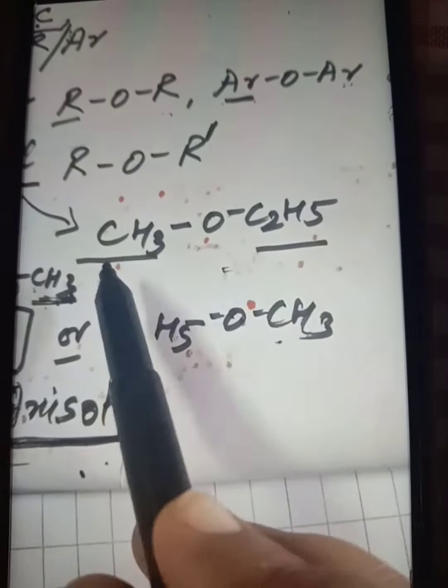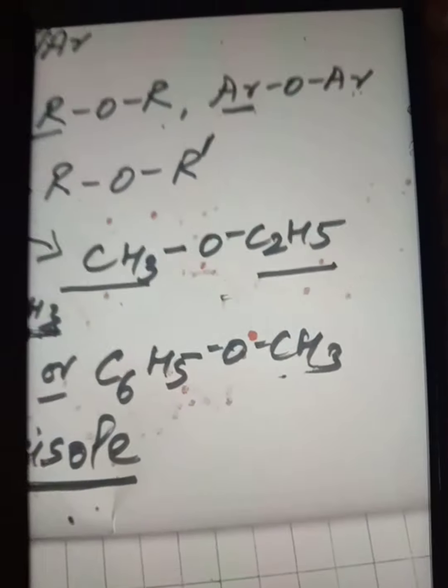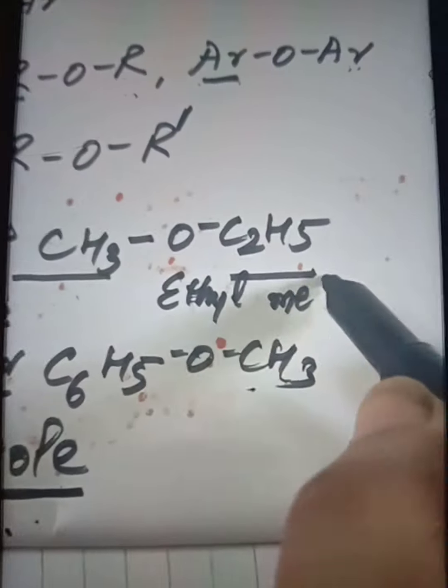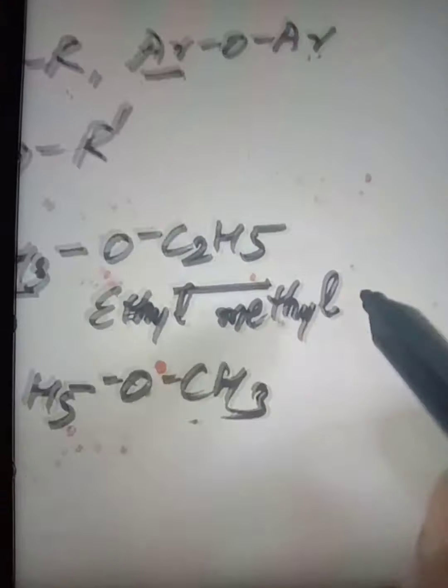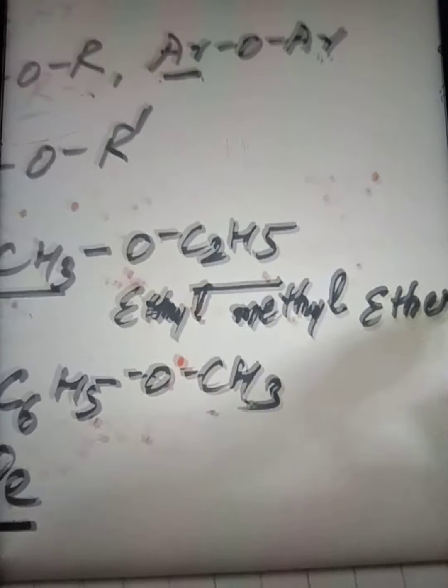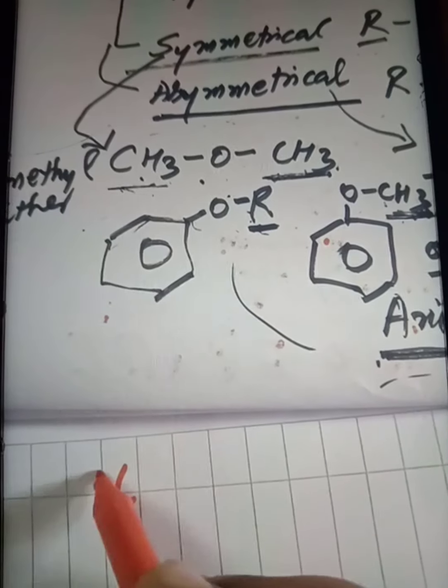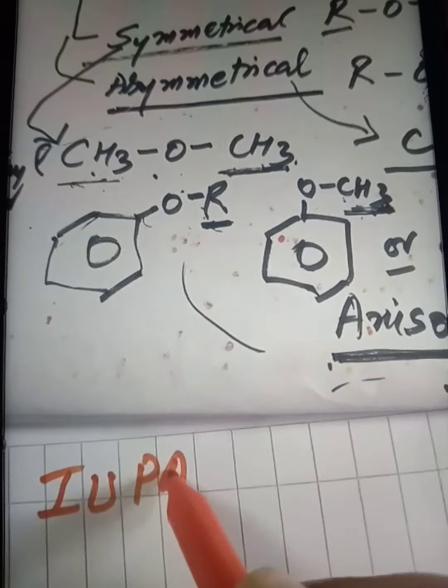Now in this case, one group is methyl, other is ethyl. Alphabetically ethyl comes first, so we write ethyl methyl ether. Here the common name of anisole is methyl phenyl ether.